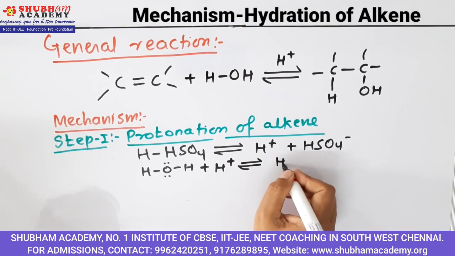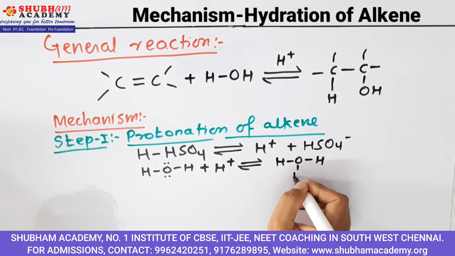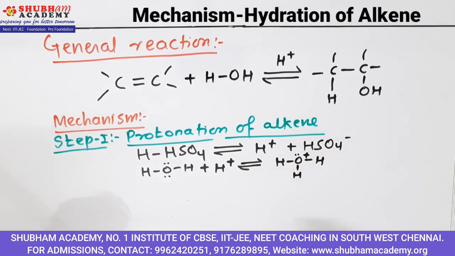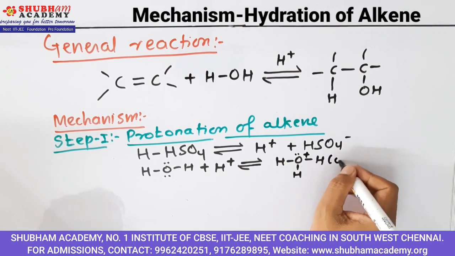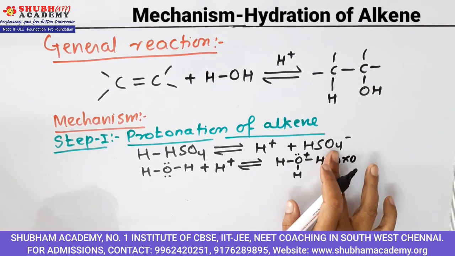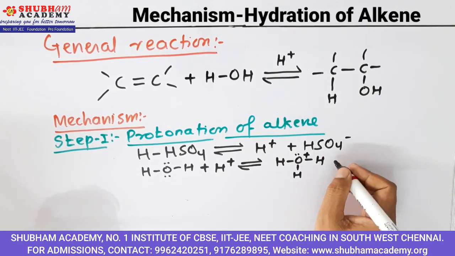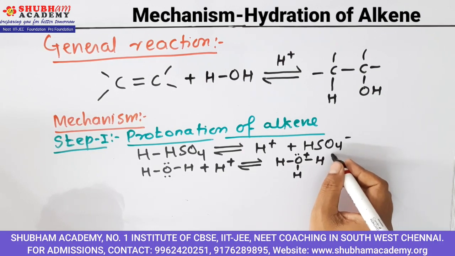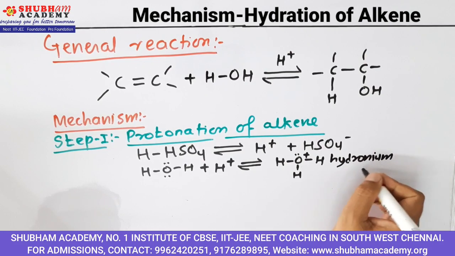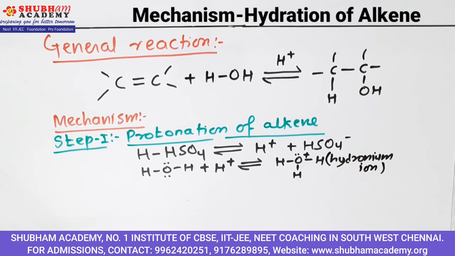So what you will get? You will get HOH, here H, here lone pair, and over this oxygen you get a positive charge. So this is oxonium or hydronium ion, right.